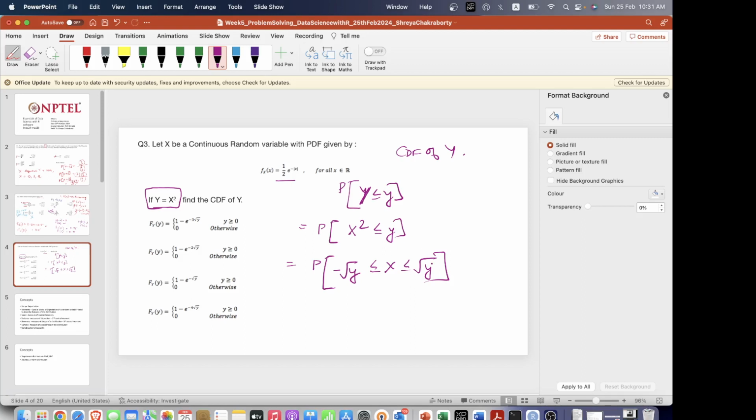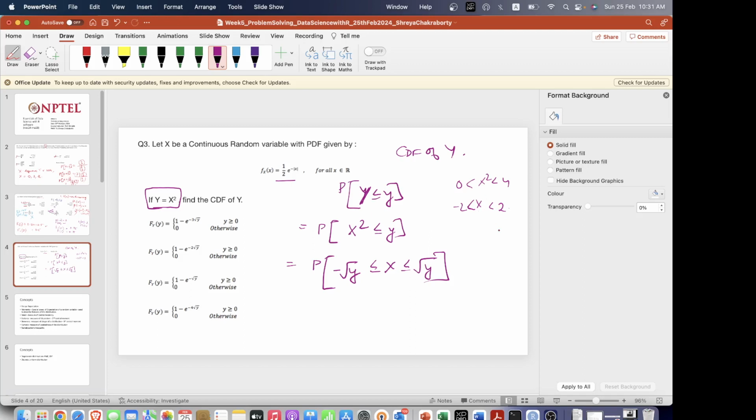Do you understand this step from this step? So if X squared is less than 4, X can lie between minus 2 to plus 2. Right? Because if you do minus 2 squared, that is also 4, and 2 squared is also 4.